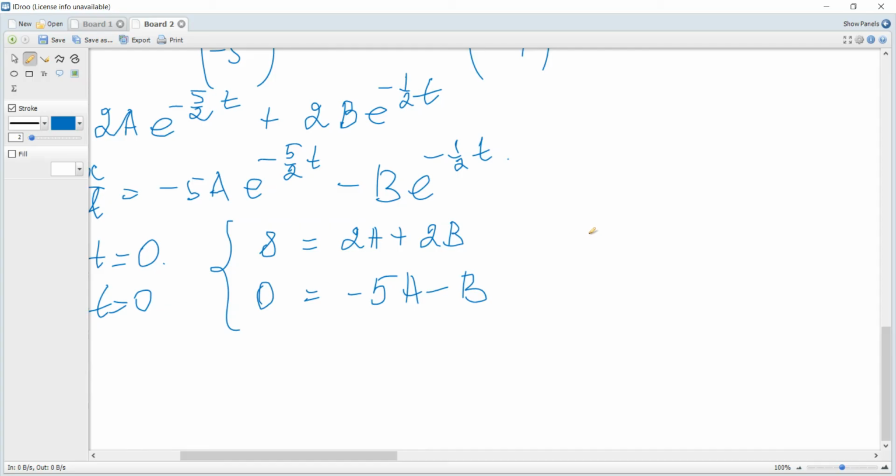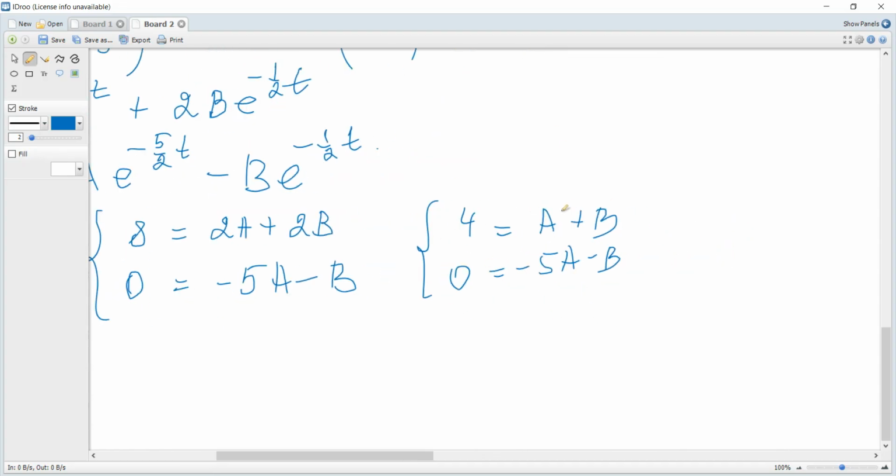We can divide the first by 2, so it becomes 4 is A plus B. You may use substitution or elimination, it doesn't matter. 4 is A plus B, 0 is negative 5A minus B, and we can add left sides and right sides.